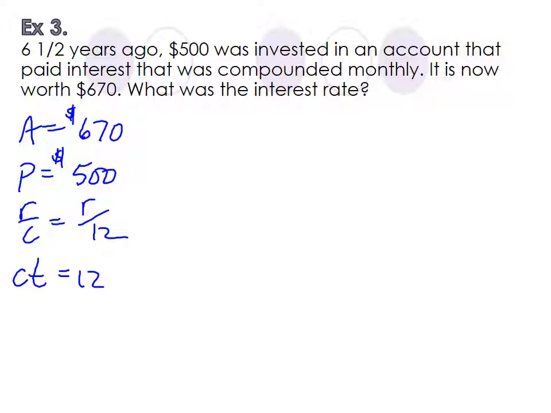And down here for CT, 12 times 6.5 should end up with 78. So fill in everything you know into your formula and solve for R.